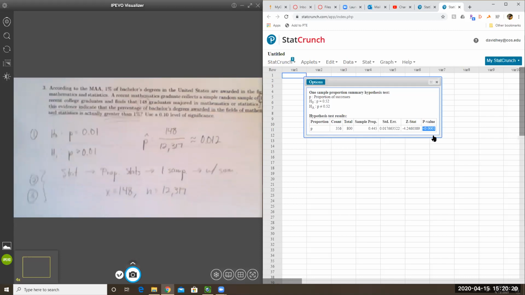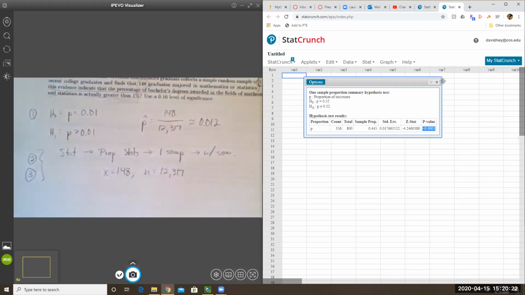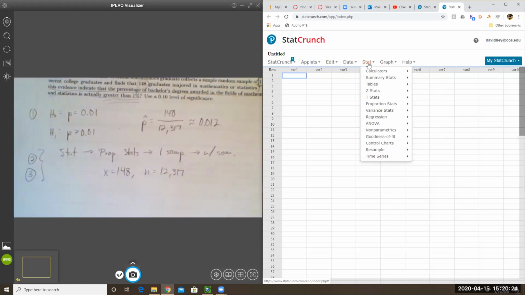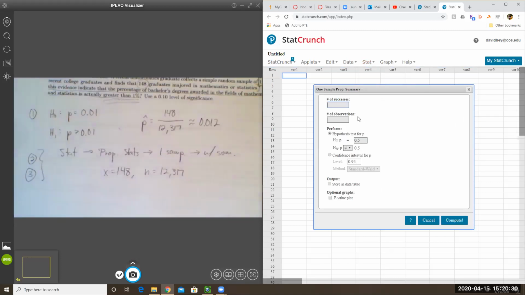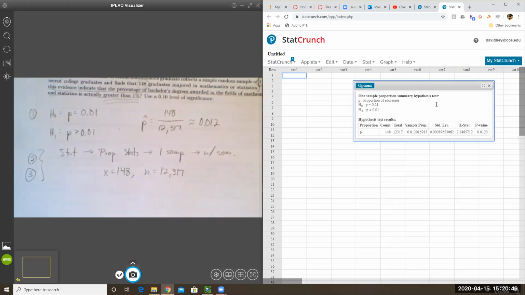Okay, let's see what we get. So proportion stats, one sample with summary. We have 148 successes out of 12,317 observations. We want to test p equals 0.01 against p greater than 0.01. Let's compute.